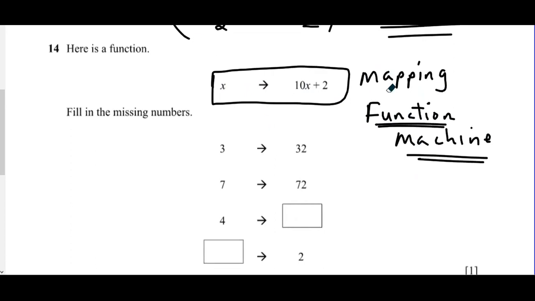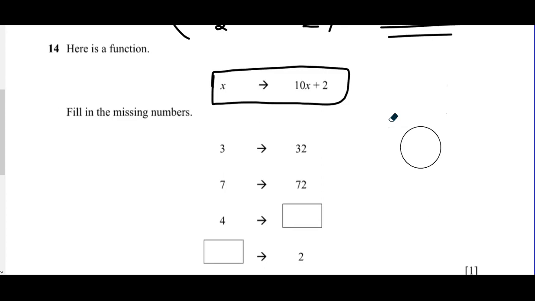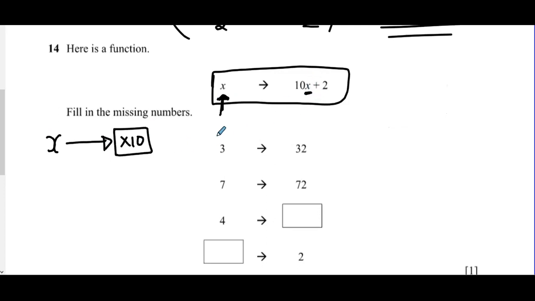It's simple. What we are supposed to do is understand that here, X is your input. When X is considered as your input, then you see what is happening to X. X has been multiplied by 10. Then after multiplying the input by 10, add 2.